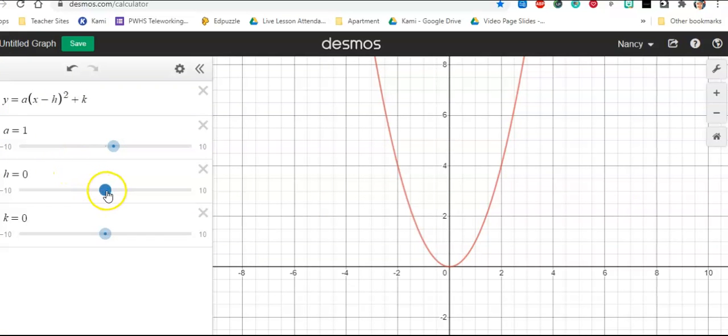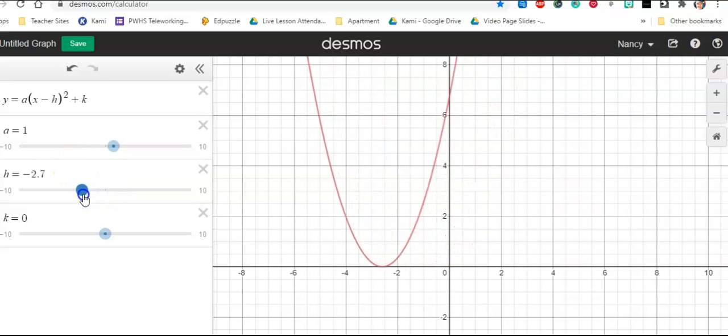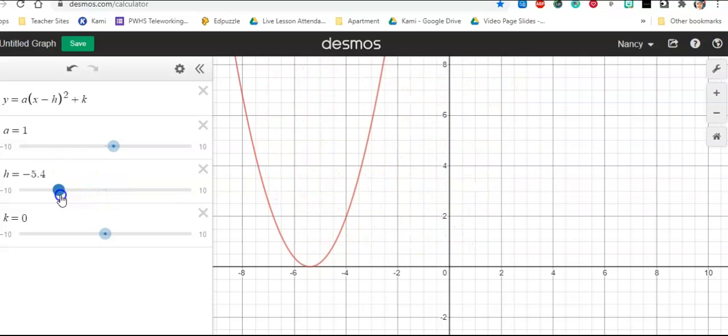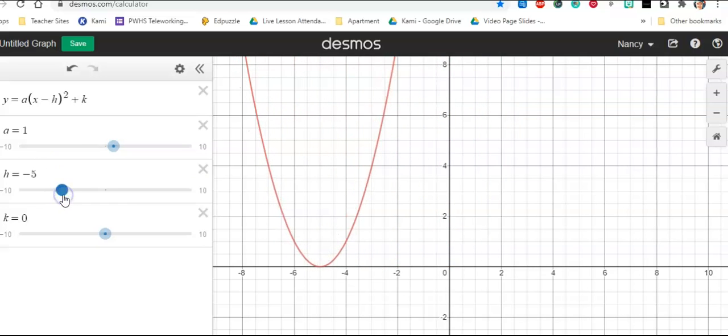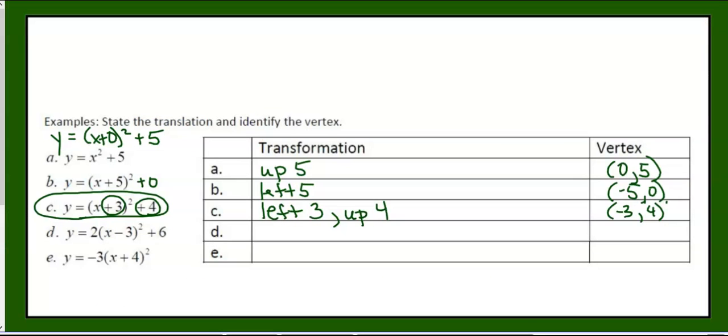So if H is -5, that's +5 in the parentheses. And so you see the vertex move to -5, 0. It's a little bit confusing, but it's just that first term that you really have to get used to looking at. So again, I just like to do the vertex first because I think it's easier to look at the vertex. Okay, so the vertex is going to be the opposite of this number, which is 3.